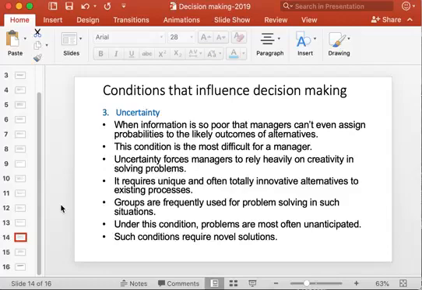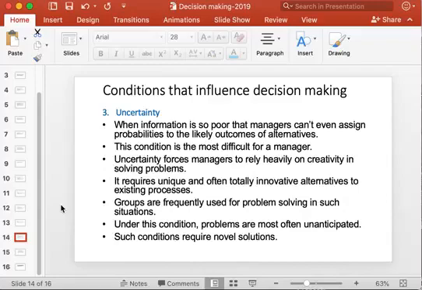So uncertainty forces managers to depend heavily on their own creativity in solving problems, and it may require unique and often totally innovative alternatives to existing processes.